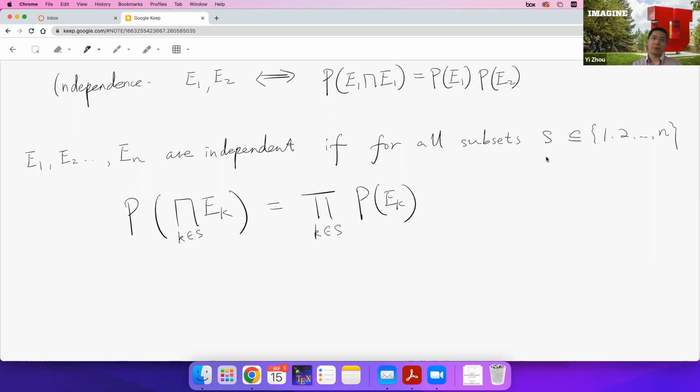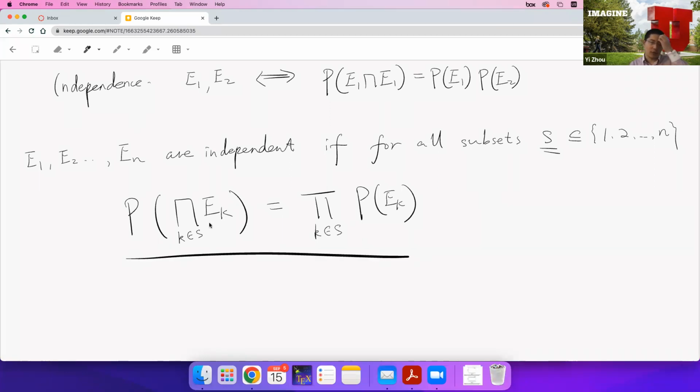So here you pick any subset S among these indexes, and for that subset of events, their joint probability must factor as the product of the individual probabilities.